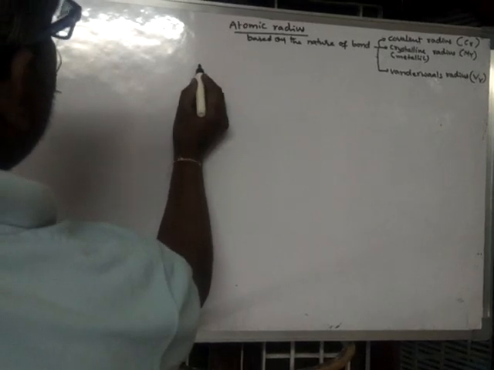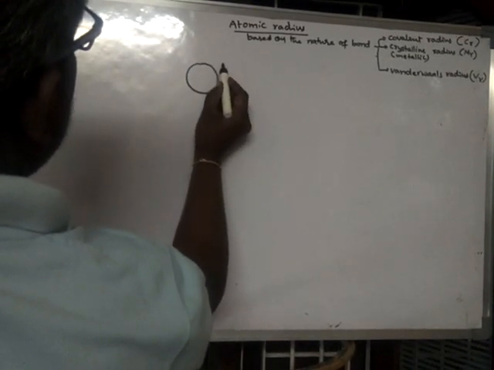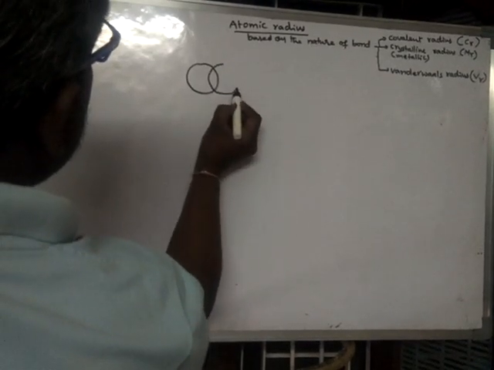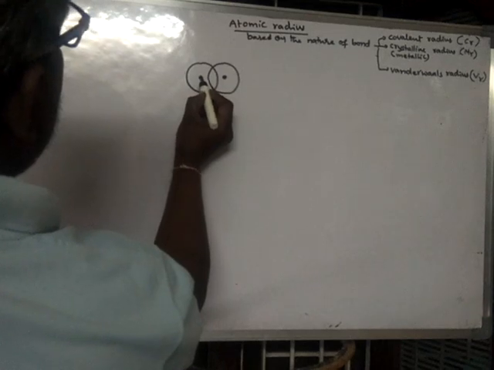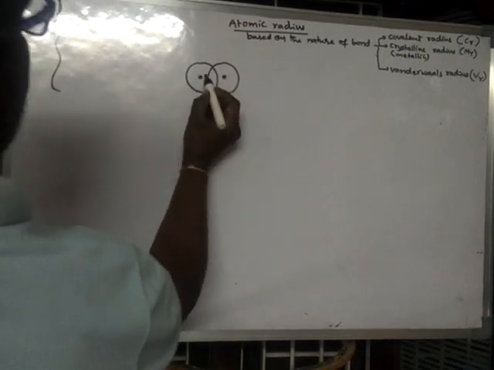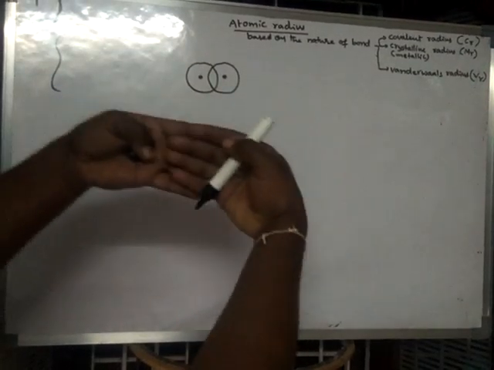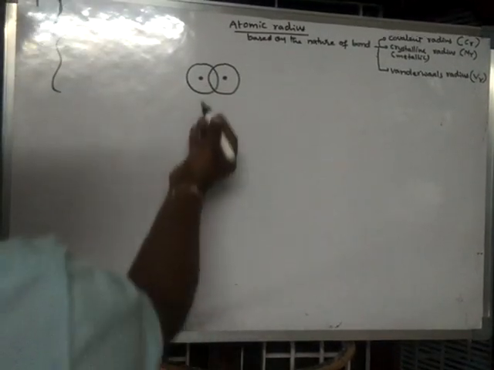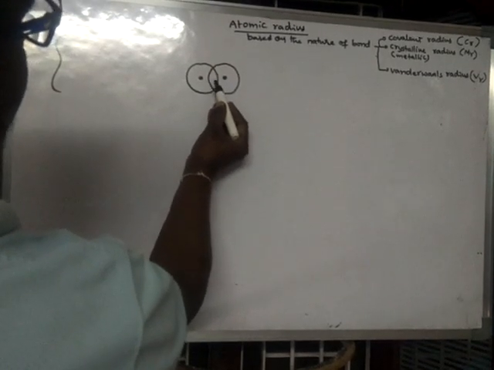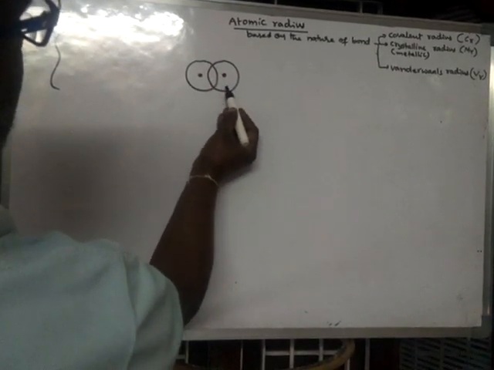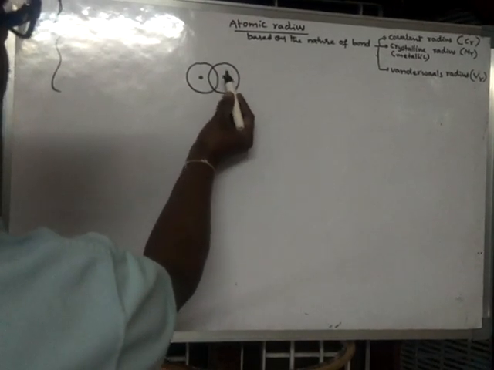See, the basic difference between covalent bond, crystalline bond and van der Waals bond is here. In a covalent bond, suppose two atoms are in a covalent bond. This is the nucleus of one atom, this is the nucleus of another atom. When the two atoms merge with each other, some of the electron density of this atom will be shared by the other atom, and some of the electron density of the other atom will be shared by this atom.